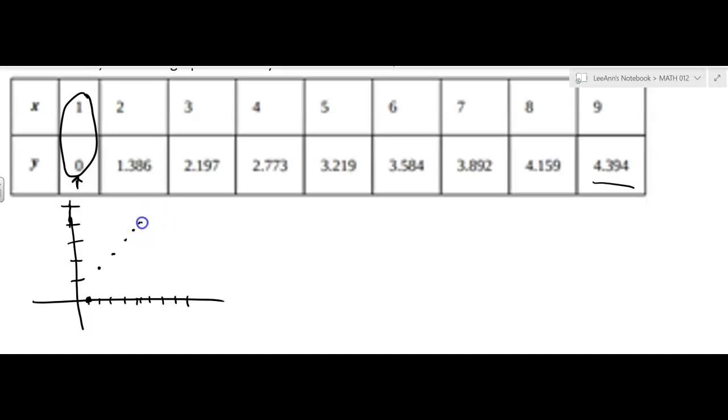Let's see where I'm at. 1, 2, 3, 4. This was 5. 6 we just did. 7 was almost to the 4.